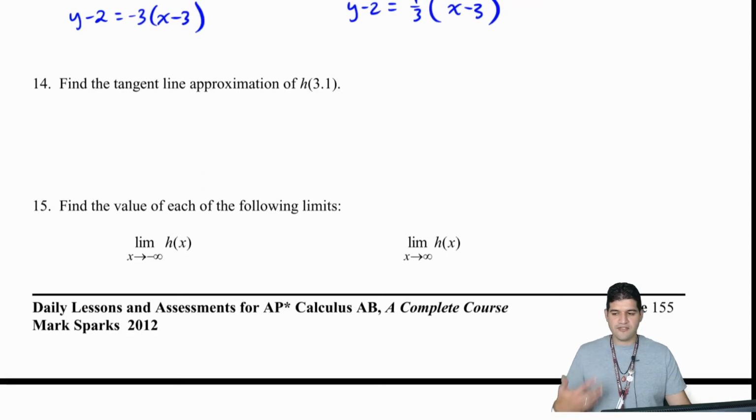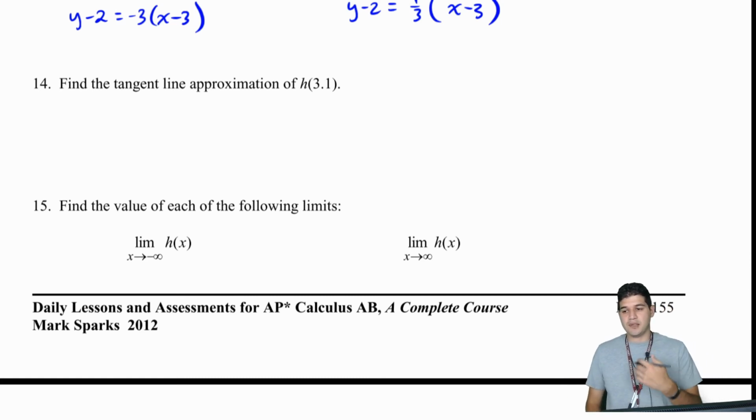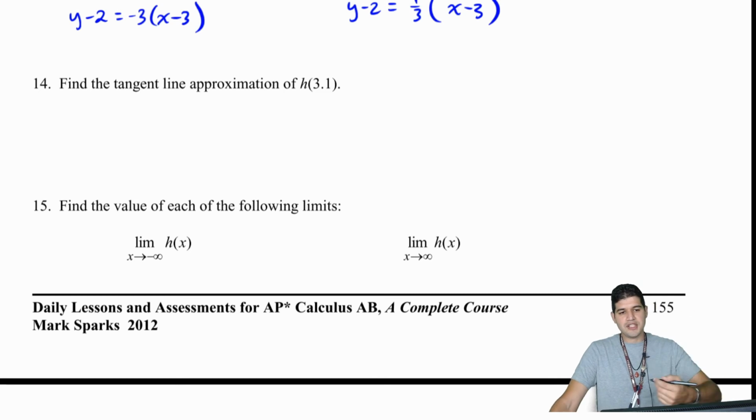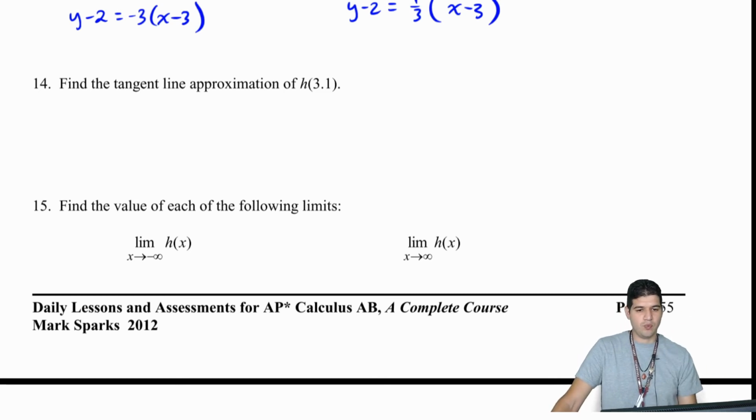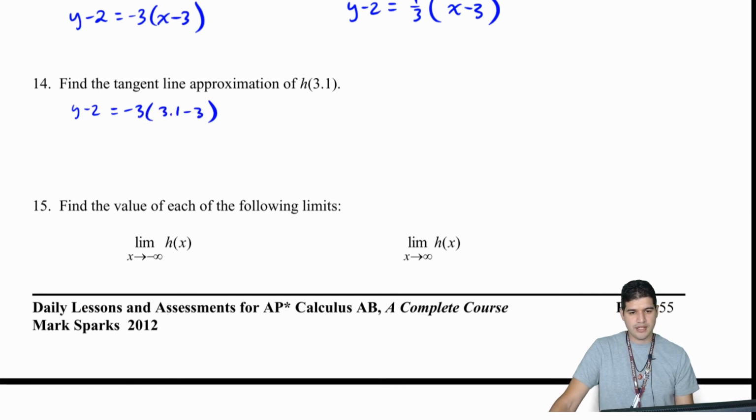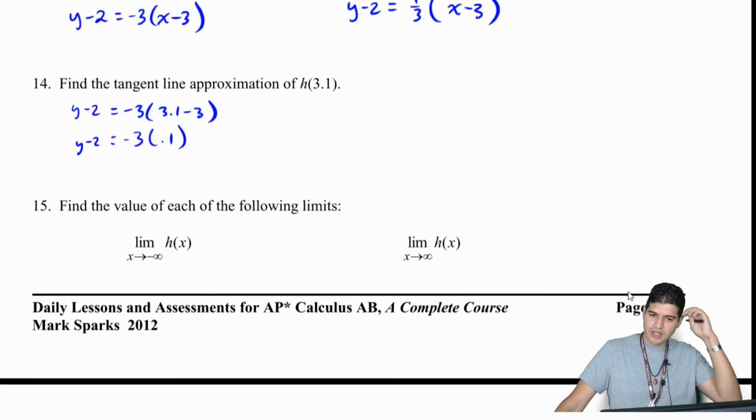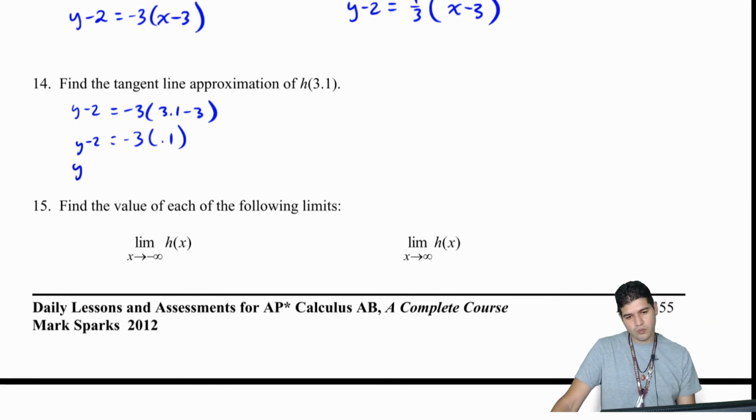Now, similar to that first video, we want to find the tangent line approximation of h of 3.1. So we're going to use our tangent line and substitute in 3.1. So y minus 2 equals negative 3 times 3.1 minus 3. Okay, 3.1 minus 3 gives me 0.1, so negative 3 times 0.1 is negative 0.3, so y minus 2 equals negative 0.3, and I'm going to add 2 to that.